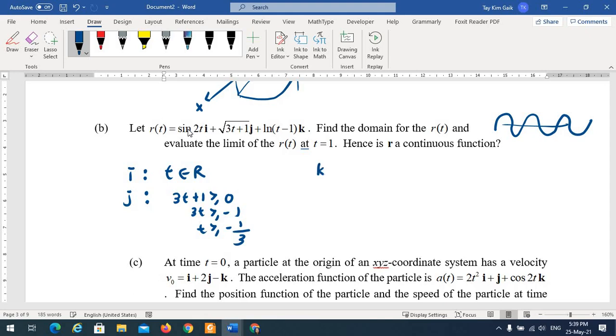Okay, component k, ln t minus 1. When you meet with an ln function, what should you set? Are you around?